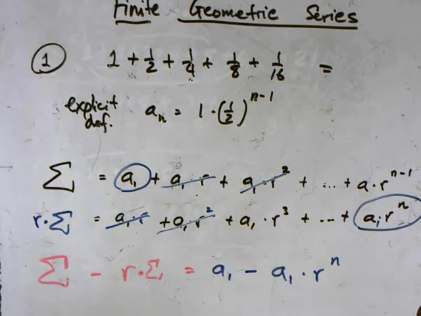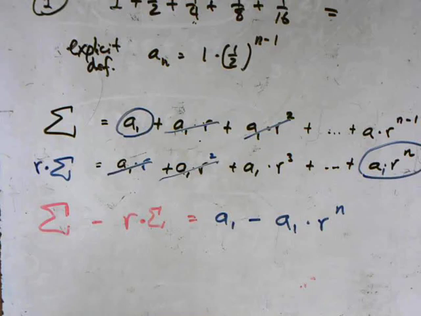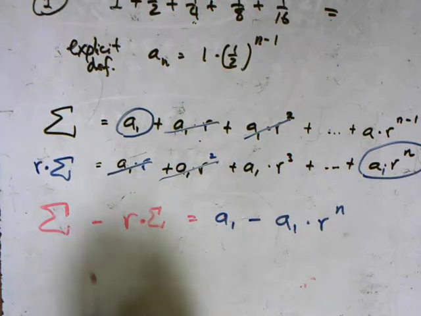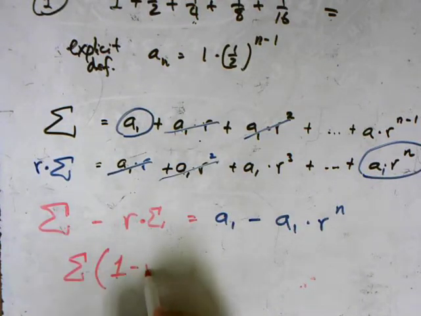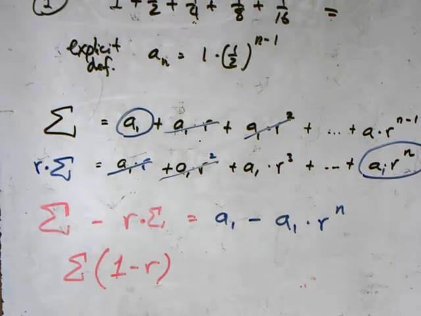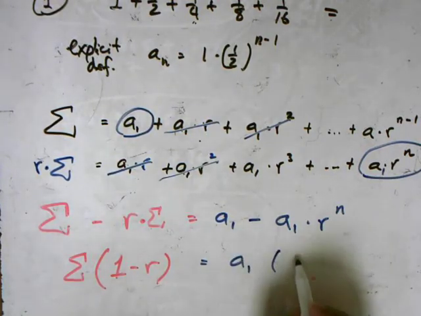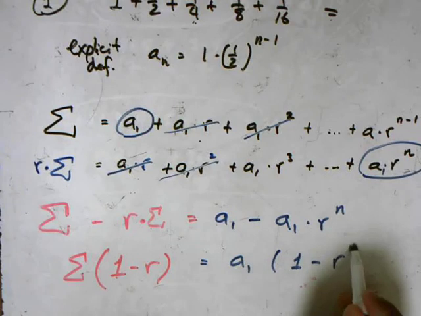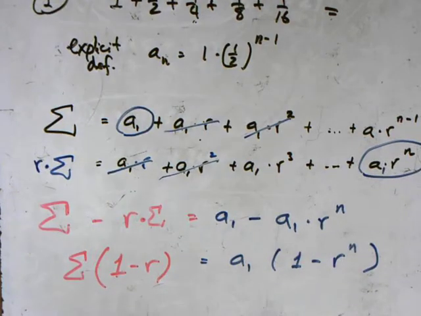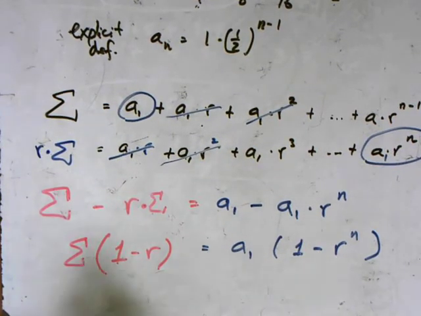From here, we just do a little bit of algebra. I'm going to factor out a sigma, and that gives me 1 minus r. On the right side, I'm going to factor out a sub 1. This gives me 1 minus r to the n. Then to get sigma by itself, I'm going to divide both sides by 1 minus r.